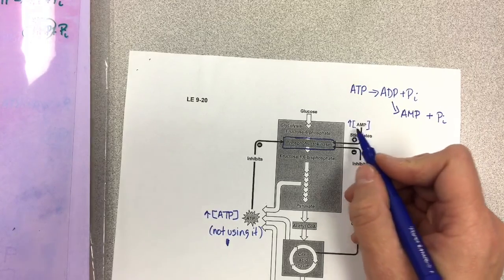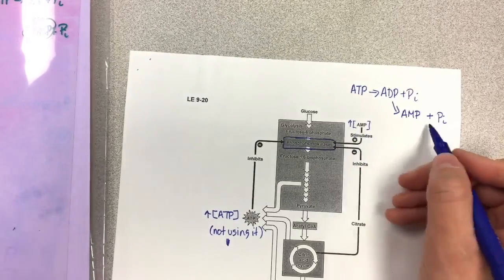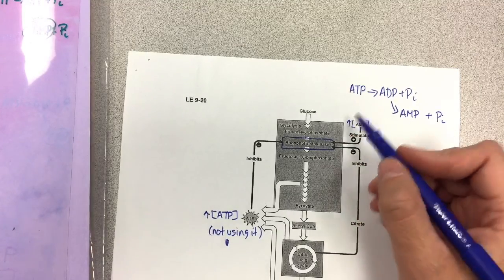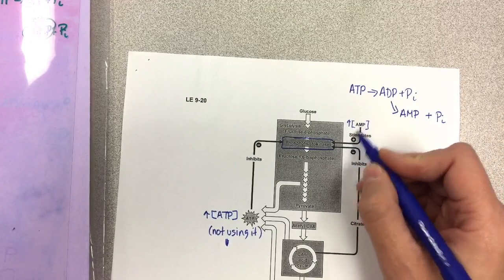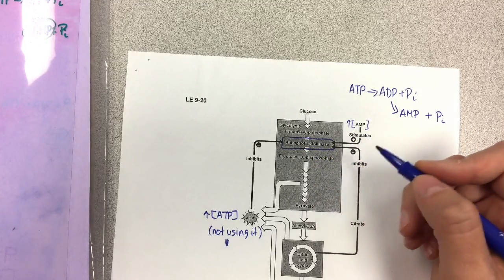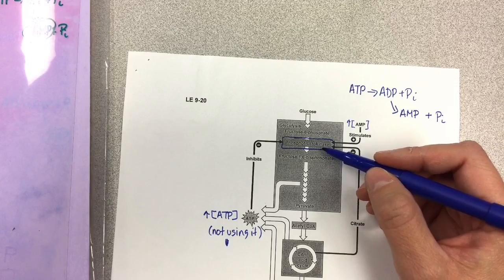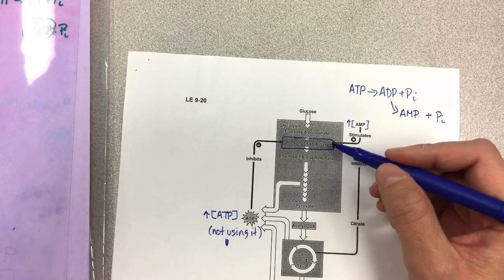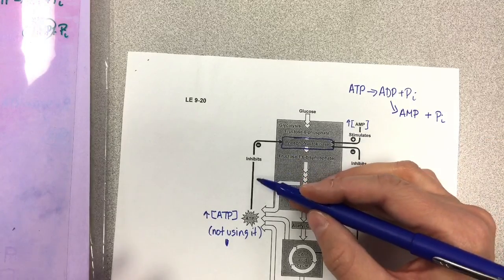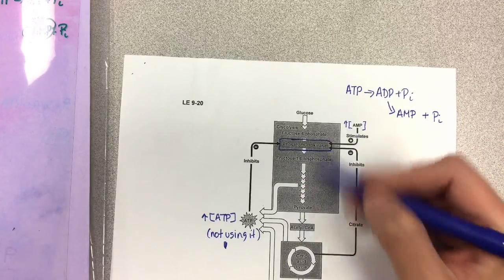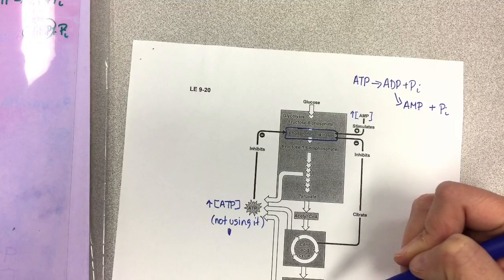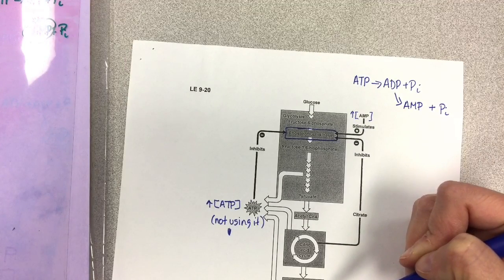So if AMP builds up, that means we're in dire straits. We need some ATP. So therefore, AMP acts as an activator of that enzyme and makes that enzyme work. And so we have an activator and an inhibitor of that enzyme, and therefore either cause cellular respiration to happen or not.